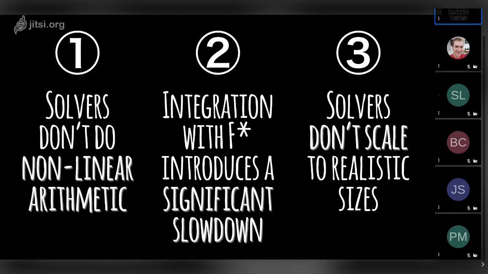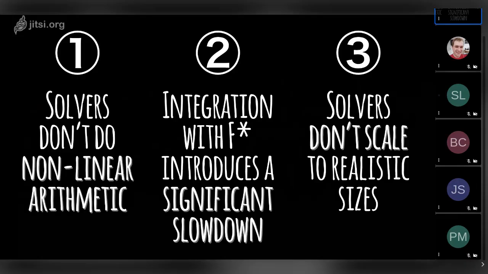Some of you might have been able to predict the first one for sure. Solvers, SMT solvers specifically, don't do nonlinear arithmetic. That is to say, SMT-lib2 as a format for SMT solvers supports something called nonlinear real arithmetic, but that just means that you can use multiplication however you want.